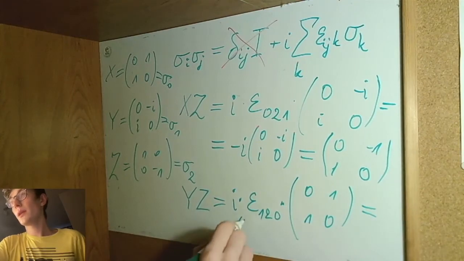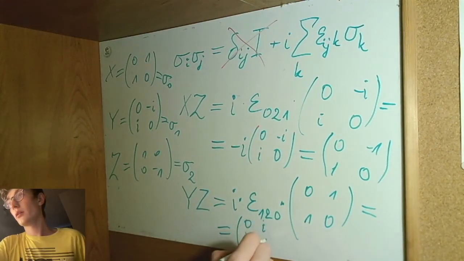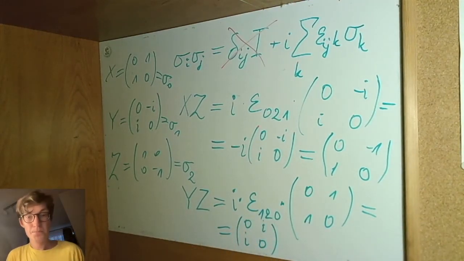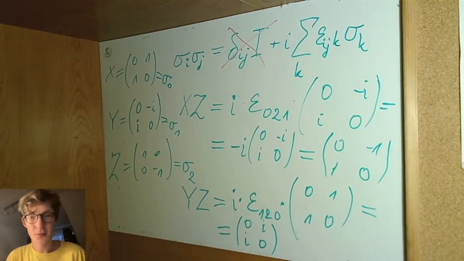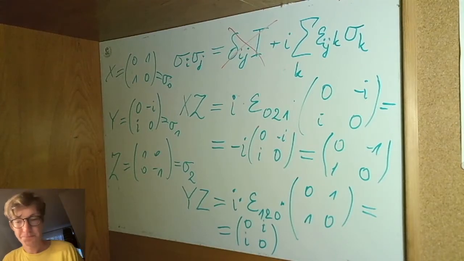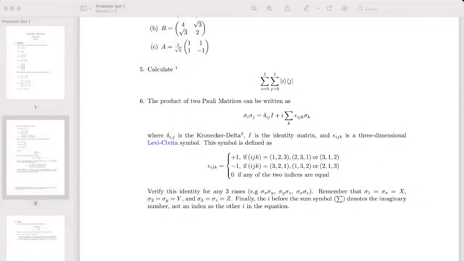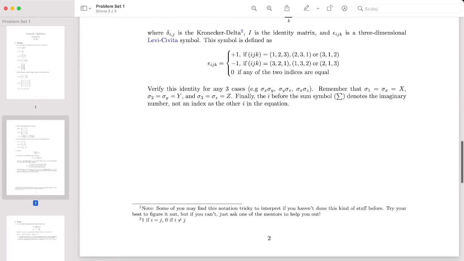So it's going to be 0, i, 0. That's the answer. I hope you've done it correctly. If not, I hope that you understood how to do that. And now the bonus problem.